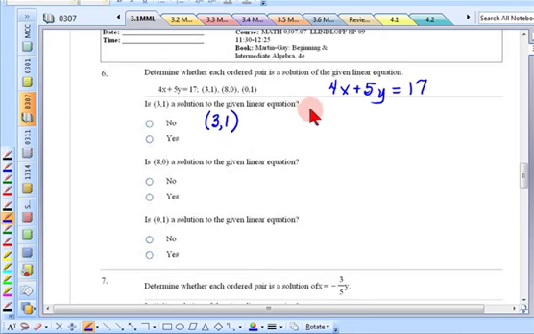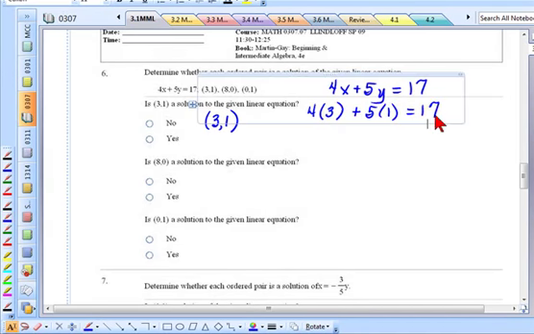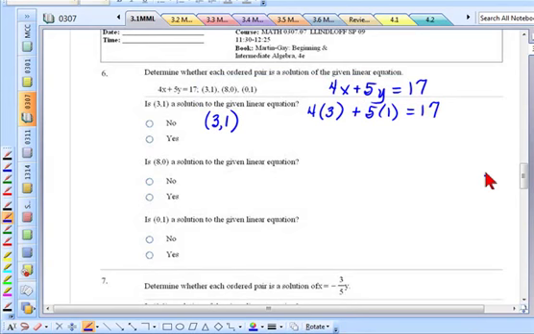So it's going to be, question, this is a question, is 4 times 3 plus 5 times 1 equal 17? Now, some people can tell right away. Other people might say, well, I need to simplify a little bit. 4 times 3 is 12, and 5 times 1 is 5, and 12 plus 5 is 17.